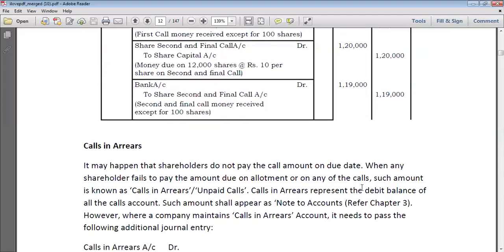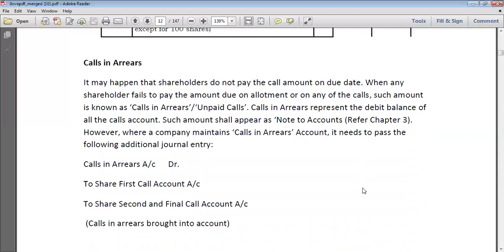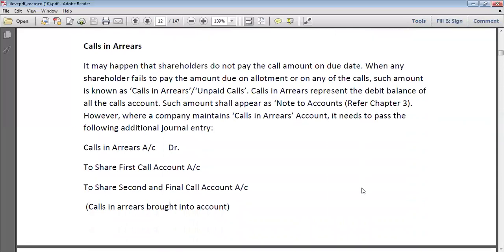Okay. Now let's talk about the calls in arrear scenario. We have already discussed the call scenario. What is it? If a company calls for money, like the first call or second call or another call, it may happen that shareholders do not pay the call amount on the due date.